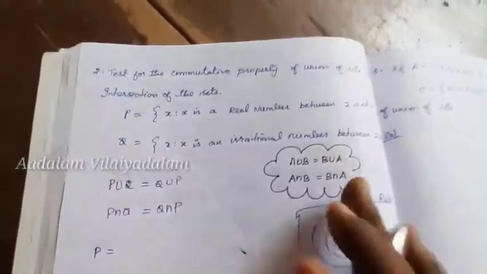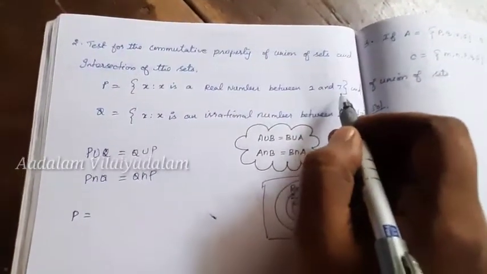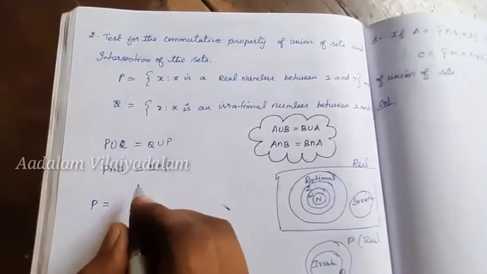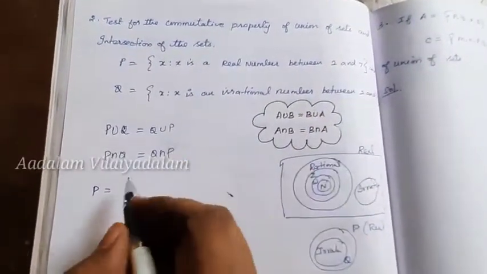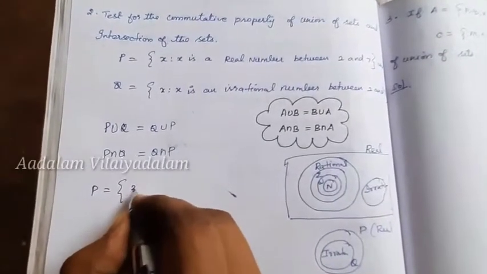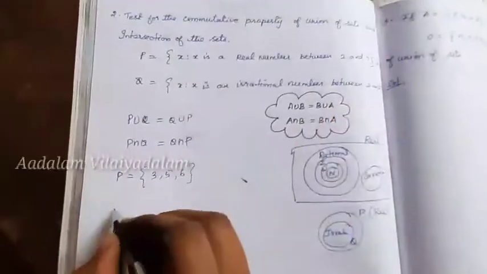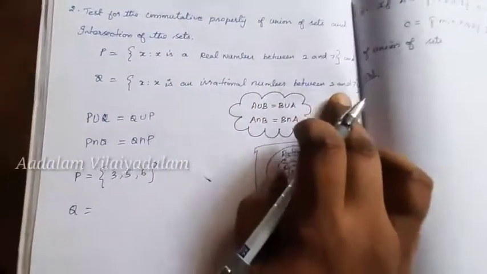Here you can write that P equal to the real numbers between 2 and 7. Between means you can leave out the 2 and 7, and the remaining numbers we can write in the set, that is 3, 5, 6. Then for the set Q, X is an irrational number between 2 and 7.